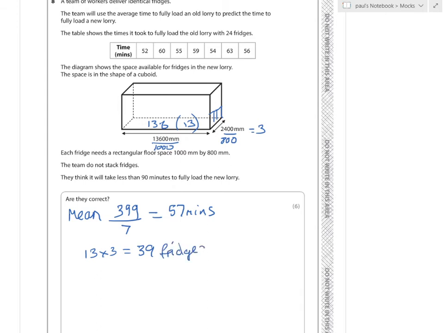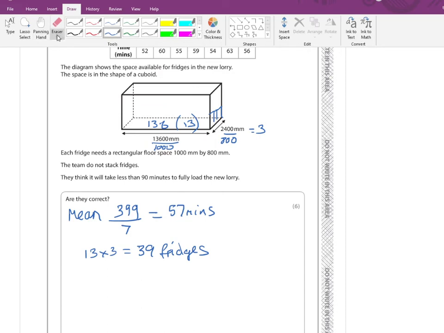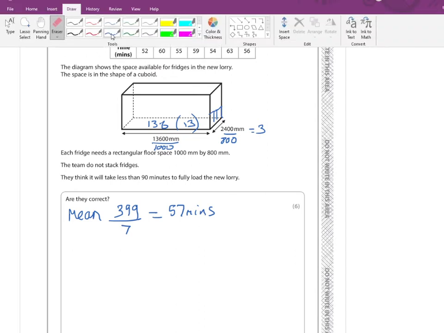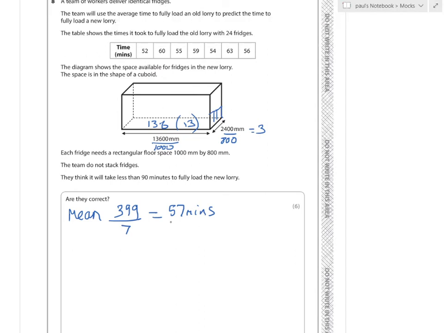Oh, hang on. Wait a minute. I'll come back to 39 fridges. So we've got 57 minutes. Let's divide that by 24 fridges.